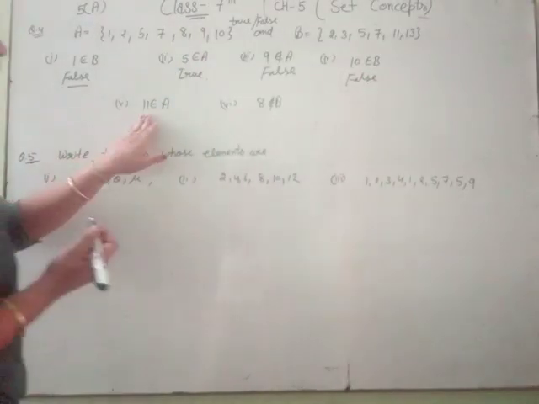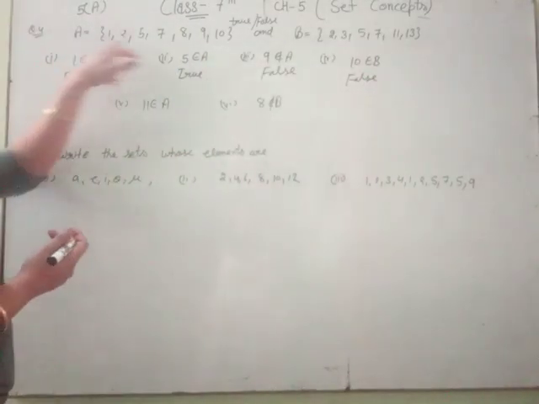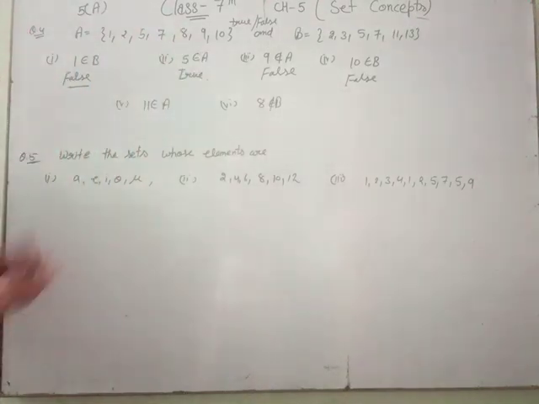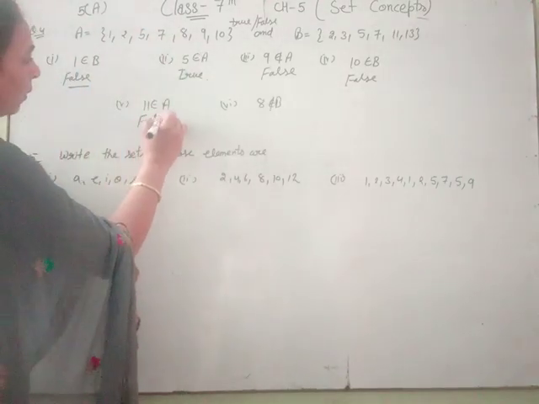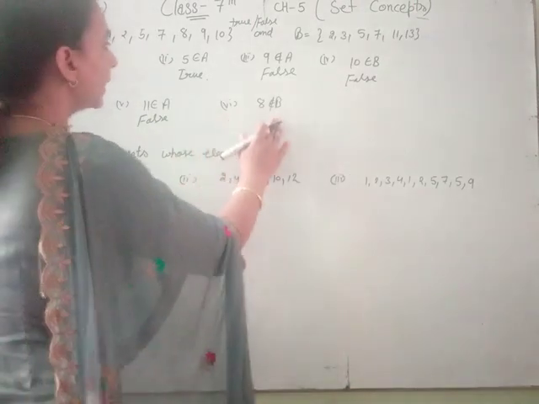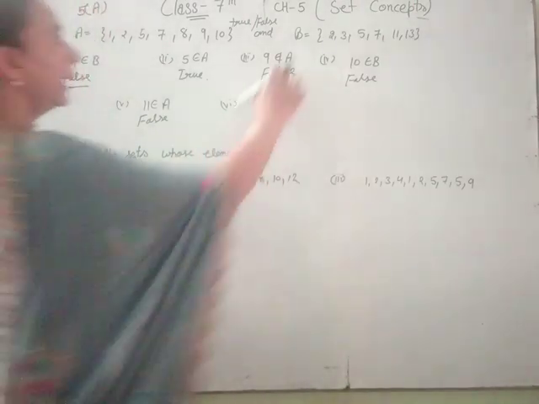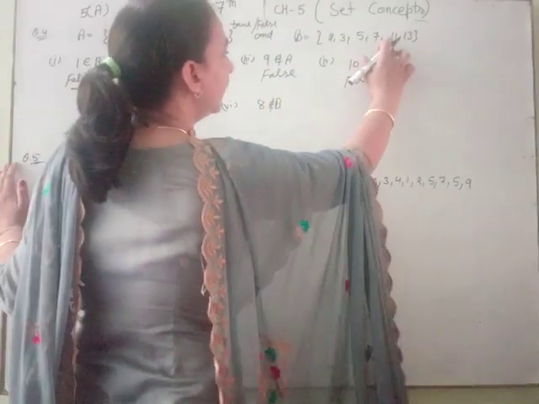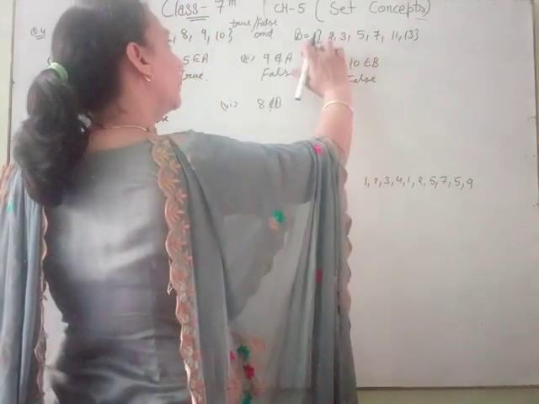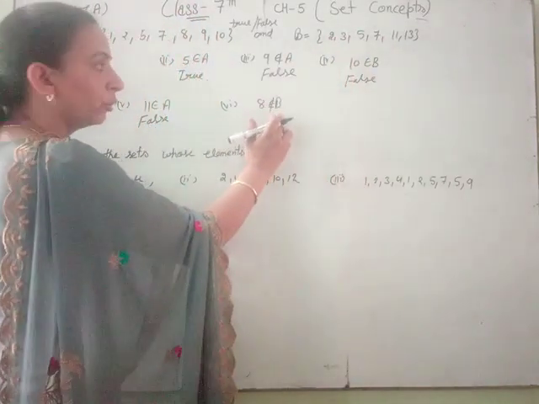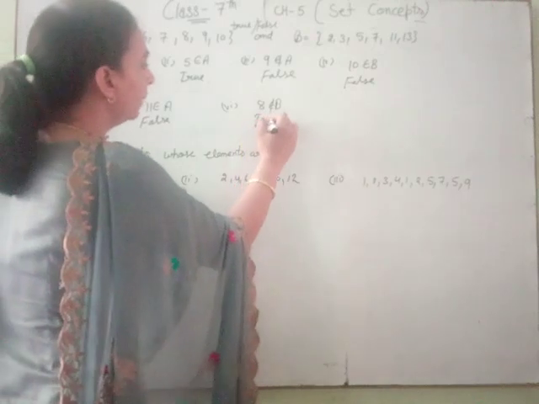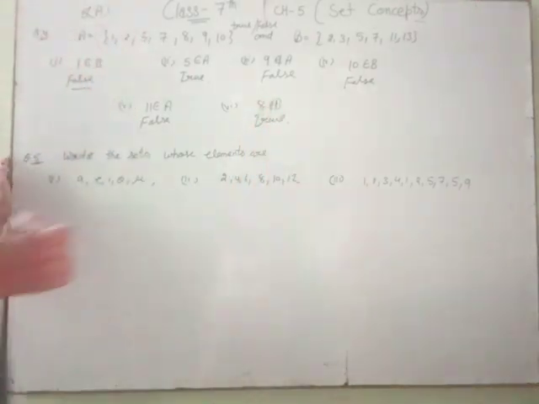Next is the fifth part, 11 belongs to A. In set A there is no element 11. So this is also false. Part number 6. 8 does not belong to B. In set B there is no element 8. So this is true. Okay.